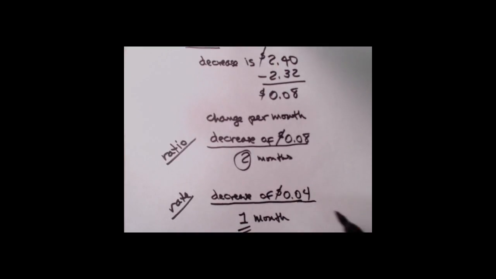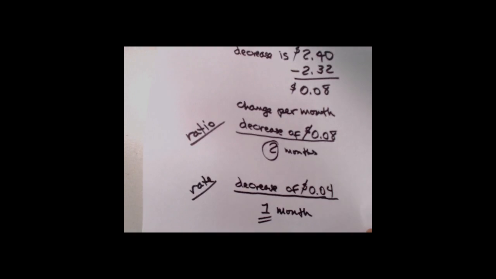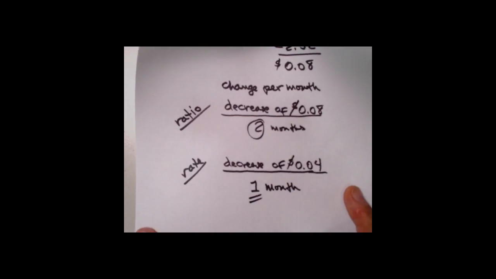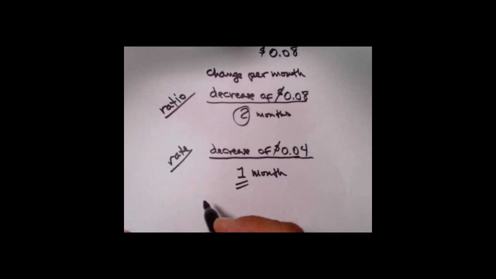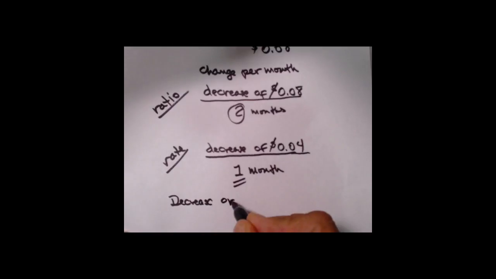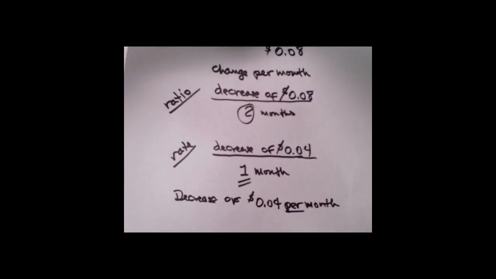So we would say then that it's a decrease of 4 cents, although we'll write it still in dollars notation, a decrease of dollars 0.04 per month.